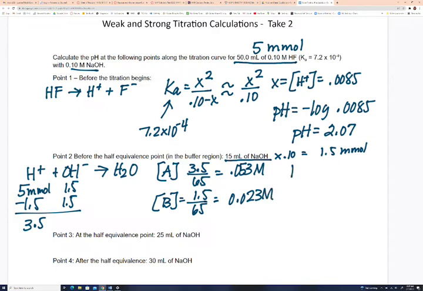Okay, so now we're going to use H plus is equal to Ka times the acid over base concentrations.